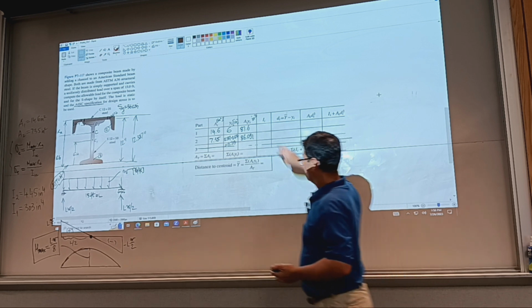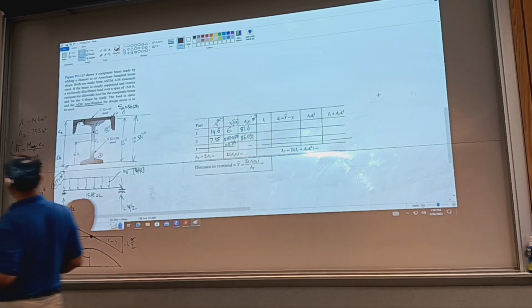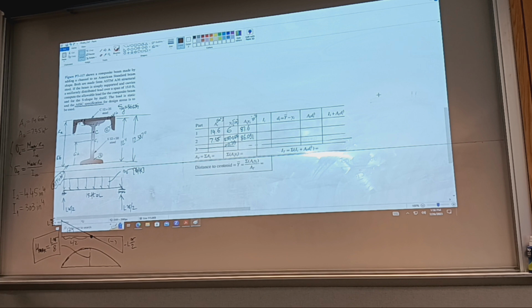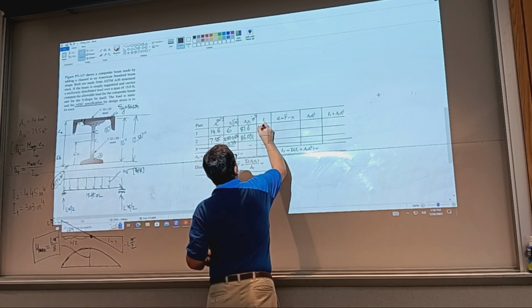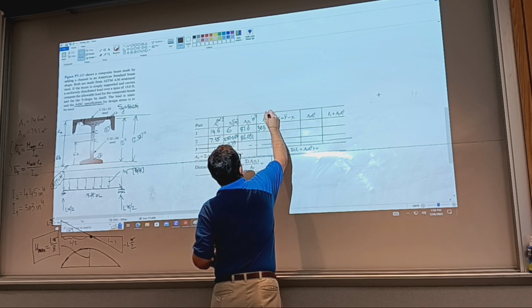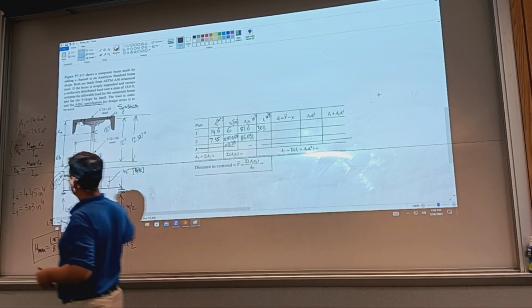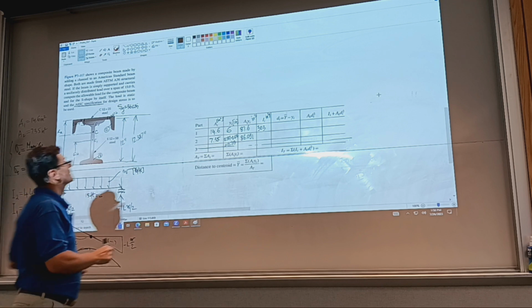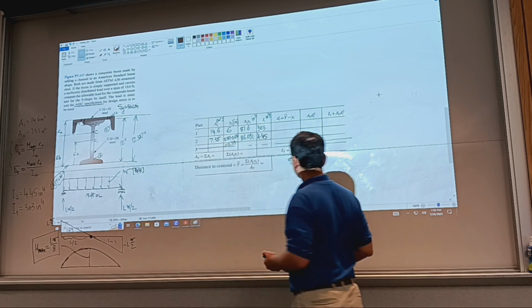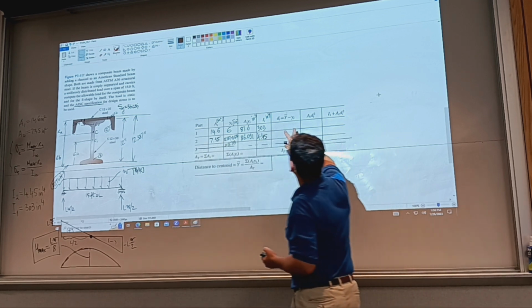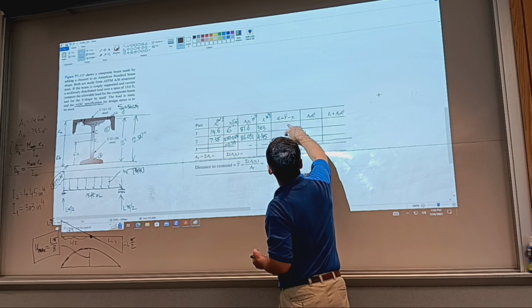Okay. Moments of inertia. These are the centroidal moments of inertia. So they're going to be 303, again inches to the power 4, and the other one is 4.45. And now I need to get these two distances.